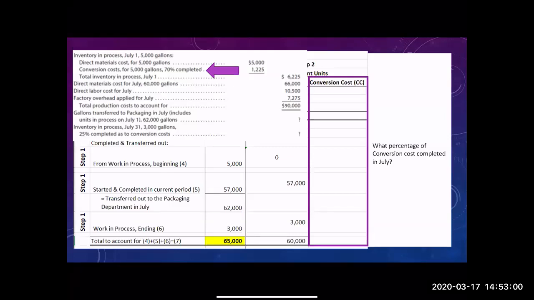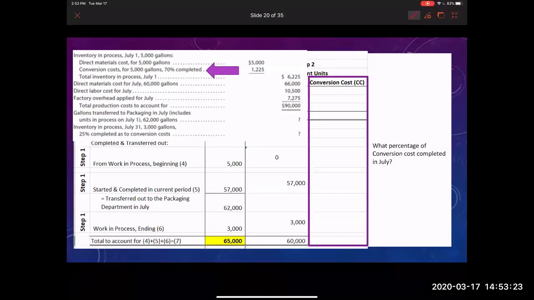How much more direct labor and factory overhead do you need to apply to these 5,000 gallons to get them complete? If 100 represents completion and you did 70% in the prior period, then 30% is needed in the current period. So we're going to say 30%.